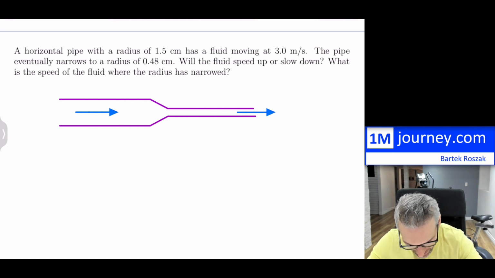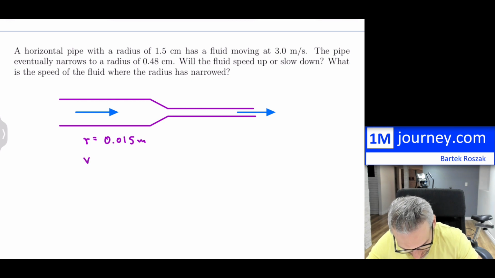So what they tell us is the following: we have the radius for the first one, which is 1.5 centimeters, or 0.015 meters. And this one is moving at a speed, I'm going to call this initial, or 1. So this is going to be at 3 meters per second.